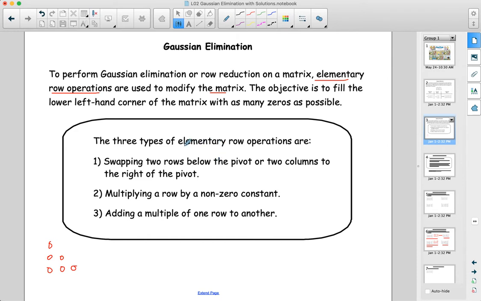The 3 types of elementary row operations are: you can swap 2 rows below the pivot, and I'll explain what the pivot is when we get to it, or 2 columns to the right of the pivot. You don't want to make any shifts above or to the left of the pivot because it's going to undo your hard work. You can multiply a row by a non-zero constant, and you can add a multiple of one row to another. So those are the 3 things you can do.